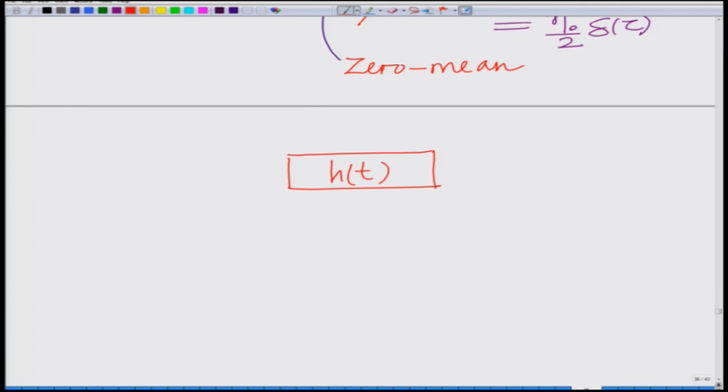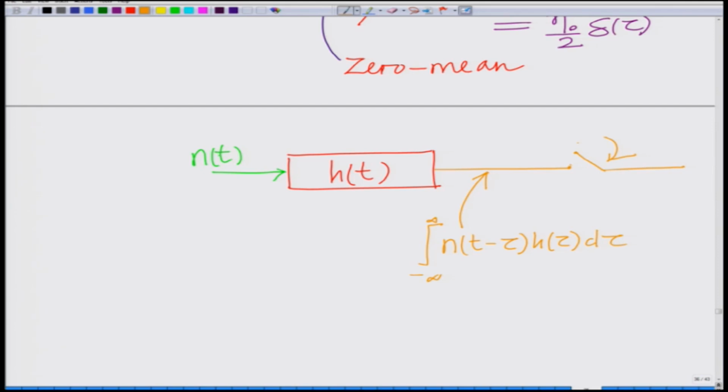I have noise, the thermal noise at the receiver, which is passed through this filter. So, at this point you have the integral from minus infinity of n(t minus tau) h(tau) d tau, followed by sampling.